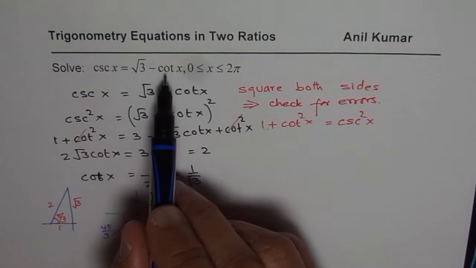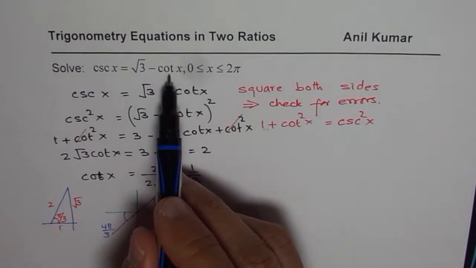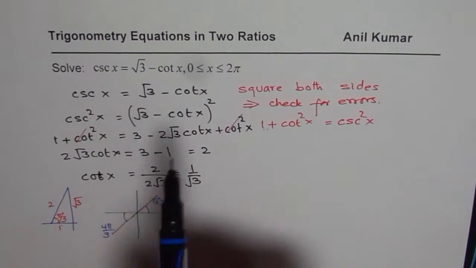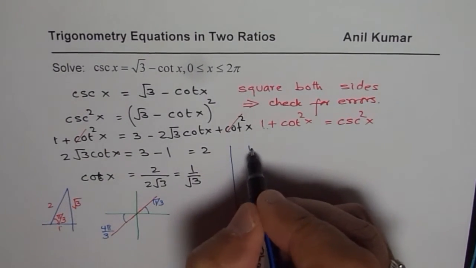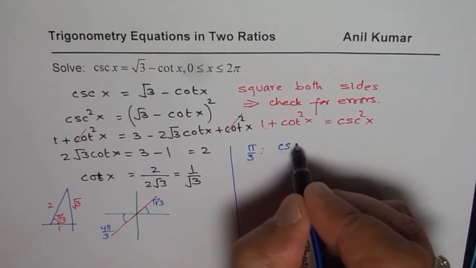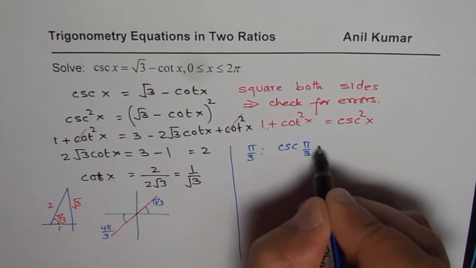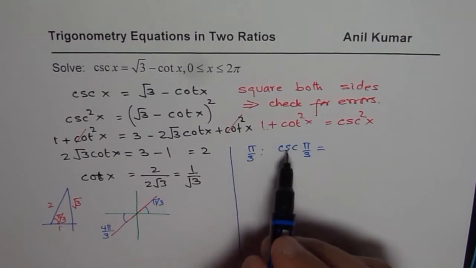So when we substitute, we know cot x is 1 over square root 3. And what is cosecant x? Let us check for both the solutions. So let's check for pi by 3. When x is pi by 3, cosecant pi by 3 is equal to what? Cosecant is 1 over sine, right?